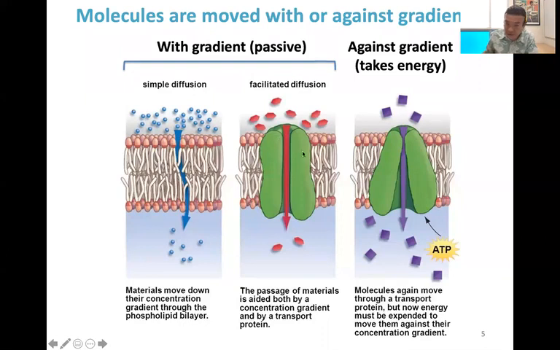If you had a tunnel through the membrane, for example, this big green thing is a tunnel that allows these red molecules to just flow through, then in this case you are still passively letting them flow in the direction that they want to go, from high to low concentration, but you are helping them do it by providing a path through the membrane. So you are facilitating their diffusion, right?